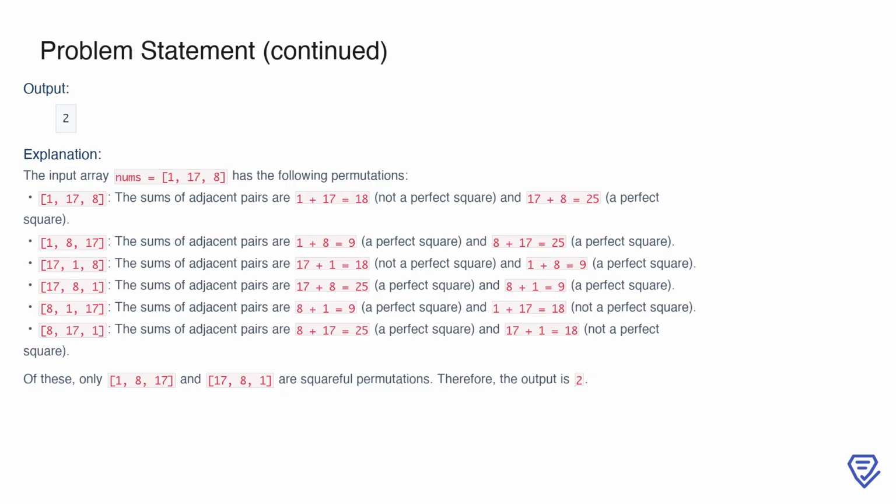Here, the input array is nums equals 1, 17, 8. We need to evaluate all possible permutations of this array to determine which ones are squareful. For instance, in the permutation 1, 8, 17, the sums of adjacent pairs are 1 plus 8 equals 9 and 8 plus 17 equals 25. Both of these sums are perfect squares, so this permutation is squareful.